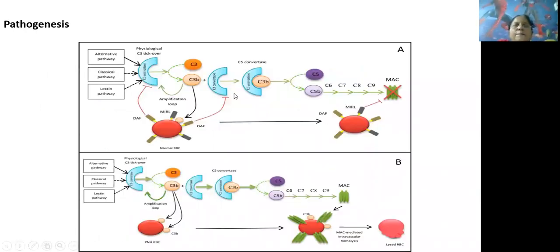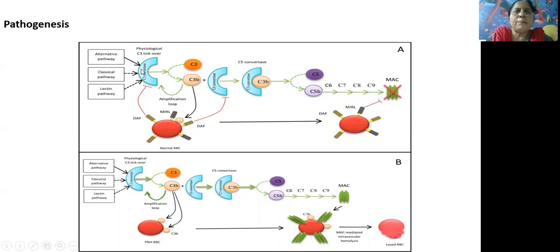Now you see this. Here you will understand the complement pathways. You must be knowing the complement pathways: classical pathway, alternative pathway, and the lectin pathway. This is the normal RBC with the decay accelerating factor CD55 and the membrane inhibitor of reactive lysis, that is CD59. Both are present. So what happens to the complement?